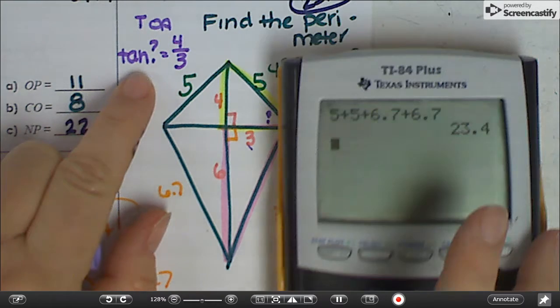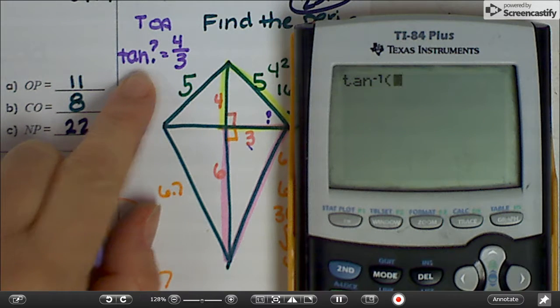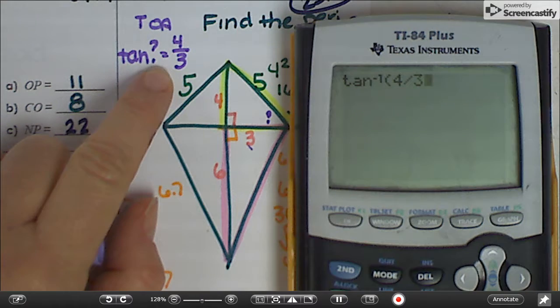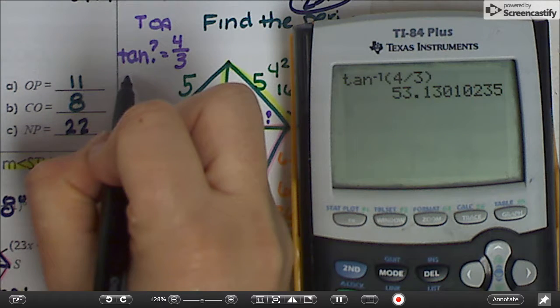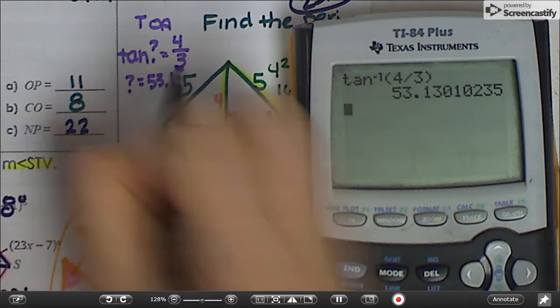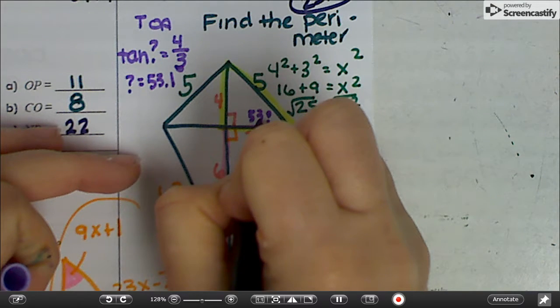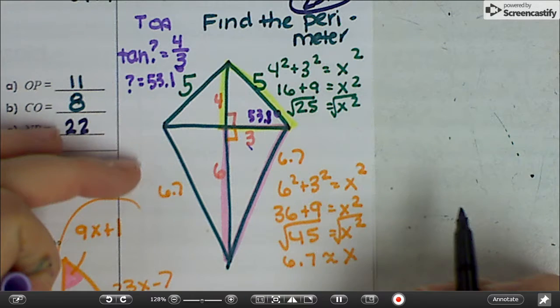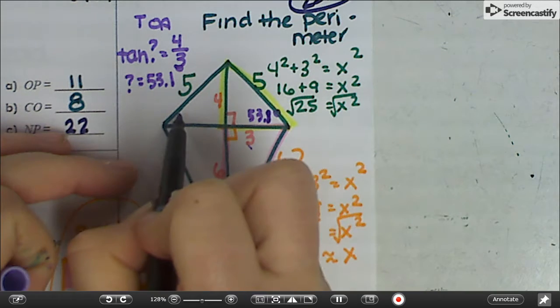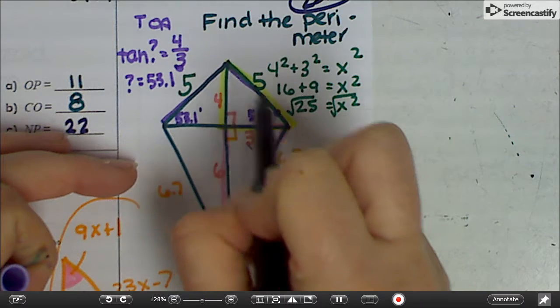When we're looking for the angle, remember that we use the inverse tangent. So second tangent, and we type that in. So that tells us that the question mark, the angle, is 53.1 degrees. All right, so now this is 53.1 degrees. That means that over here, this is 53.1 degrees because of the isosceles triangle here on the top.